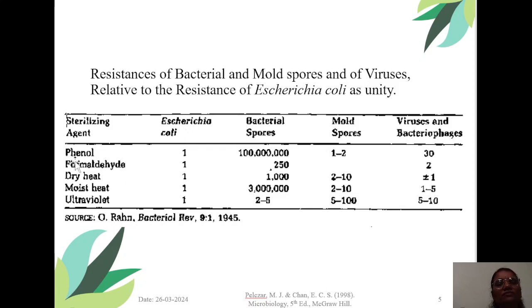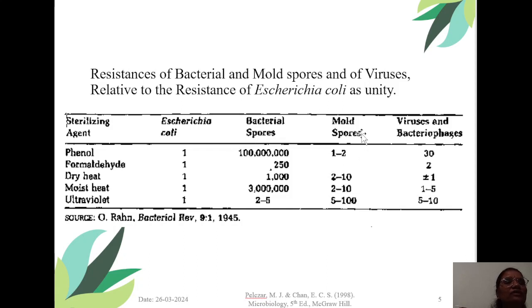As an example, if phenol is taken as an antimicrobial agent to kill the organisms, and E. coli is taken as unity, meaning we are able to kill Escherichia coli successfully with the help of phenol, then in comparison to Escherichia coli, the bacterial spores require a much higher concentration of phenol for their reduction, right.